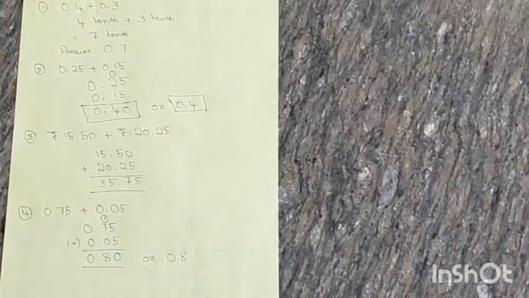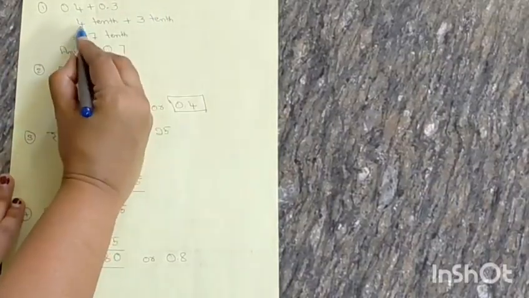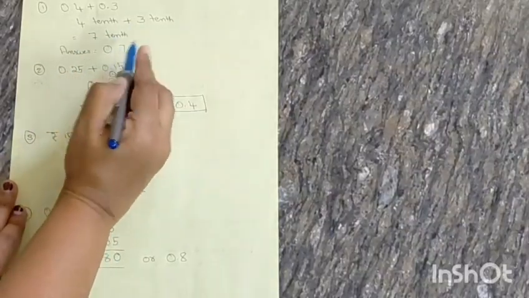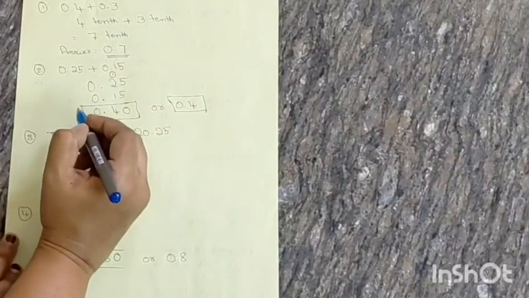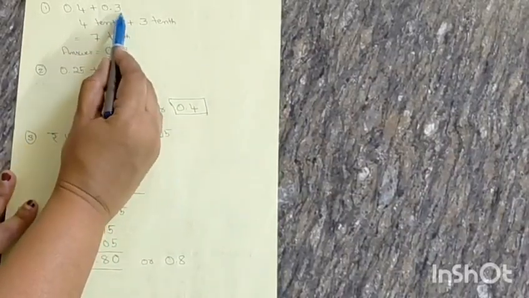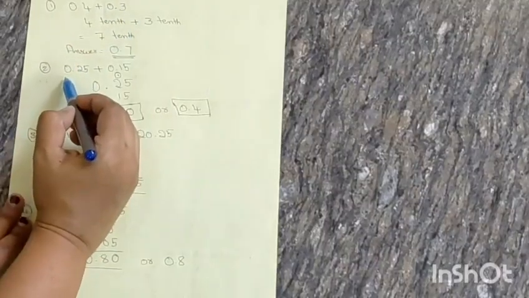So 4 tenths plus 3 tenths is equal to 4 plus 3, 7 tenths. Answer is equal to 0.7. Very easy. Same place values can be added directly. Next, go to the second question.